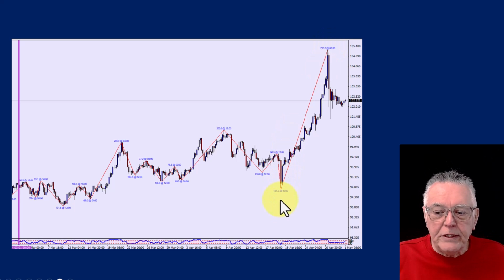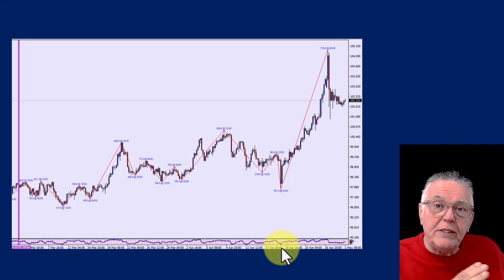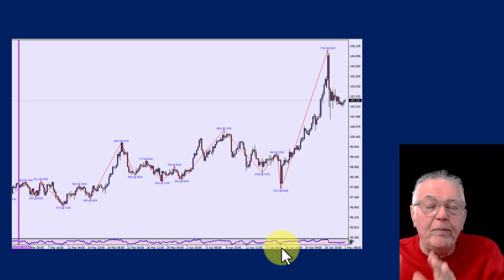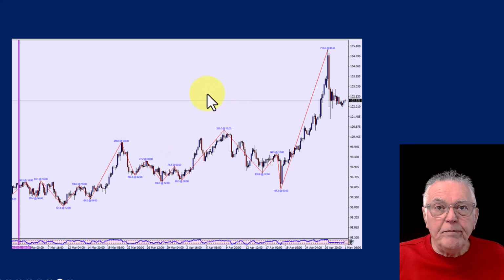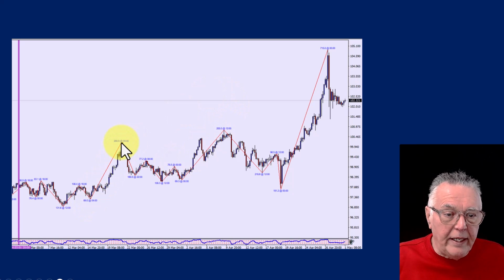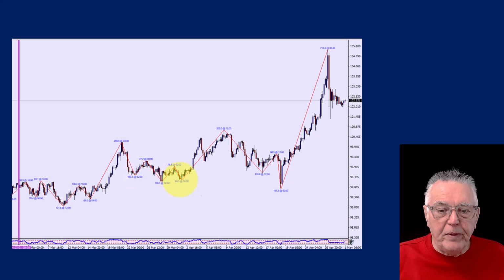The trend started here on the 19th of April, so remember that date, because as we reach it we will see the impact of the pruning and so on. There are some big movements here: a 270 pip movement, a 250 pip movement, and another 200 pip movement.